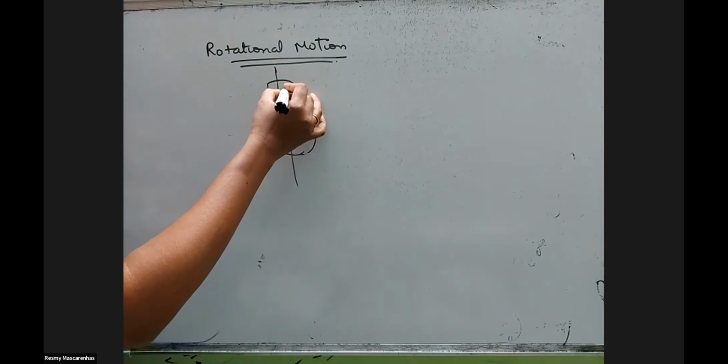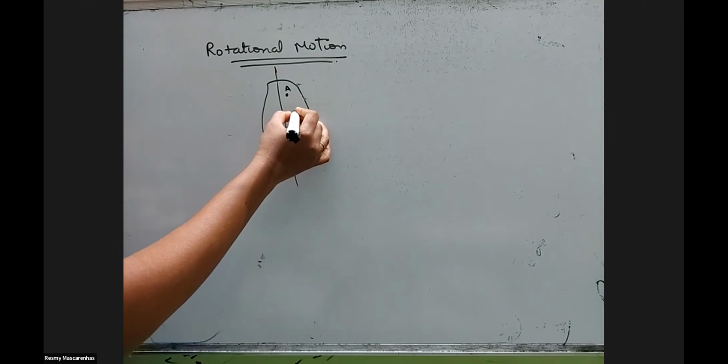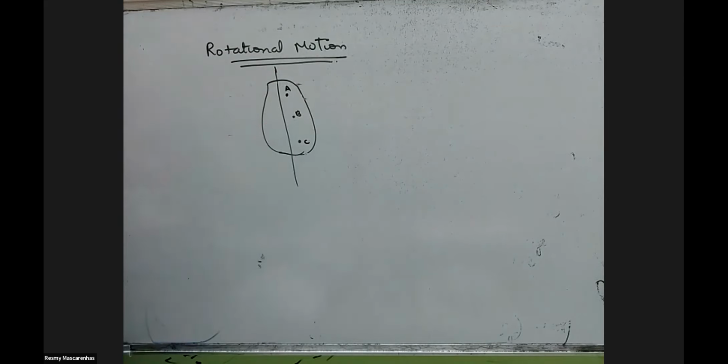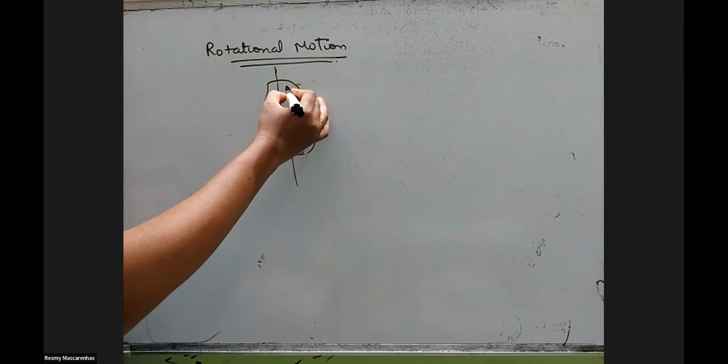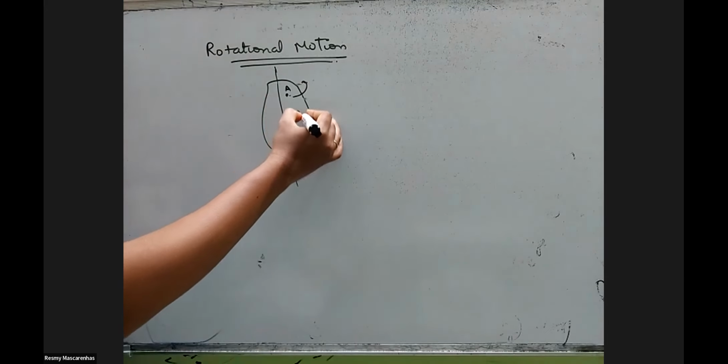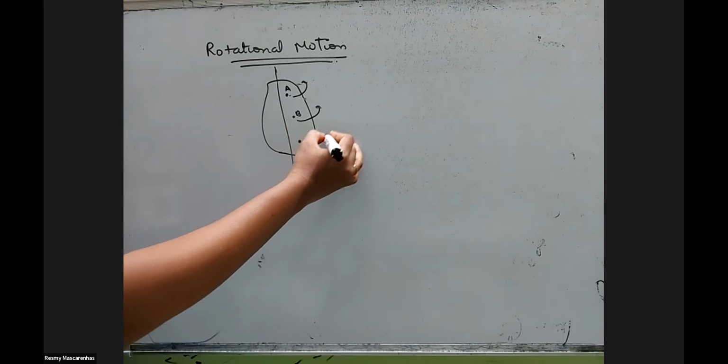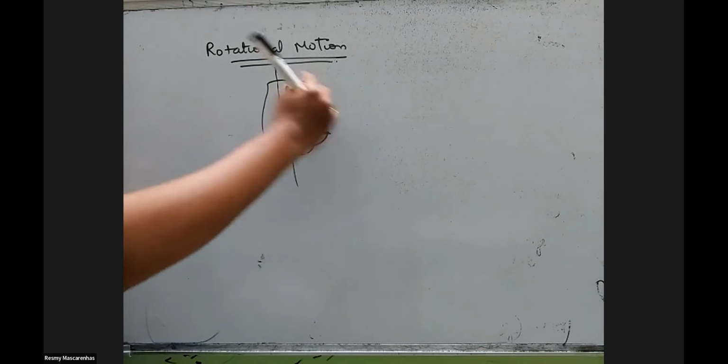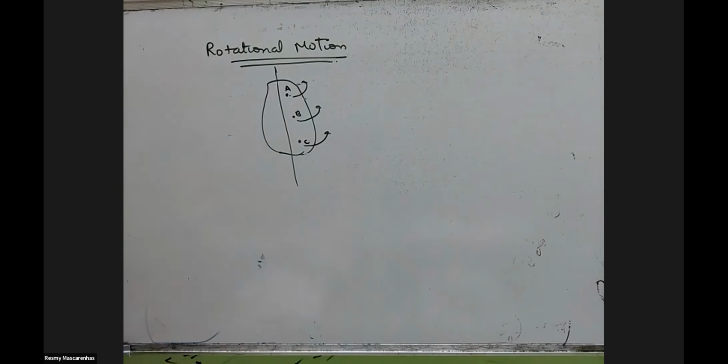So if this is your particle A, this is your particle B, this is your particle C. Now what is going to happen? Imagine it's turning around. So these particles will go like this. So which path are the particles following?